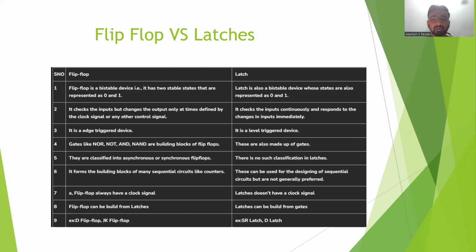Latches can be used to design sequential circuits but are not generally preferred. A flip-flop always has a clock signal. A latch does not have a clock signal. Flip-flops can be built from latches. Latches can be built from gates. Example: D flip-flop, JK flip-flop. Example: SR latch, D latch.